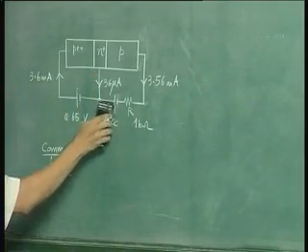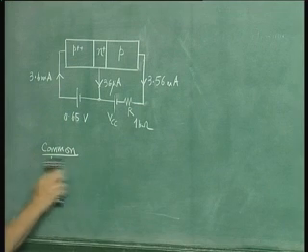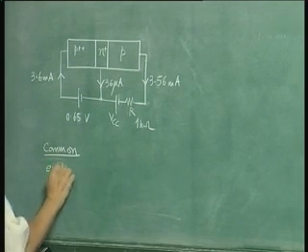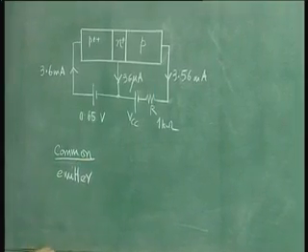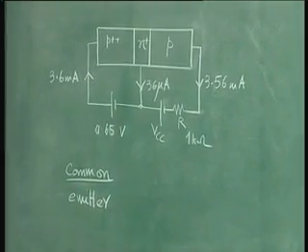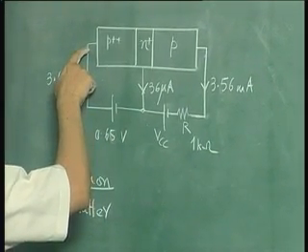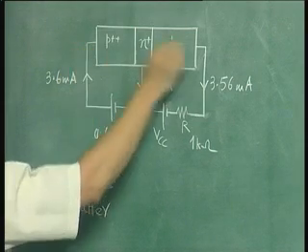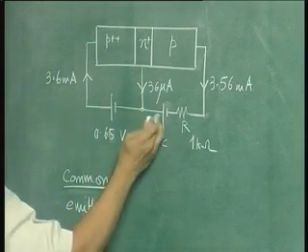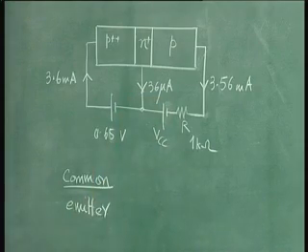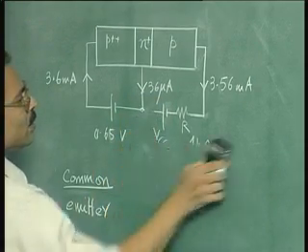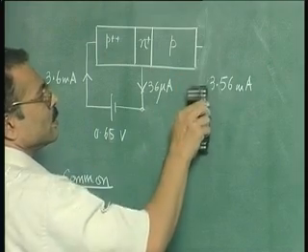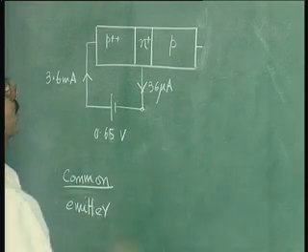Let us modify this same circuit to make it common emitter. How do we do that? The emitter should be common, right? So the collector should be connected to the emitter through this. So we remove this from here and we put it here.